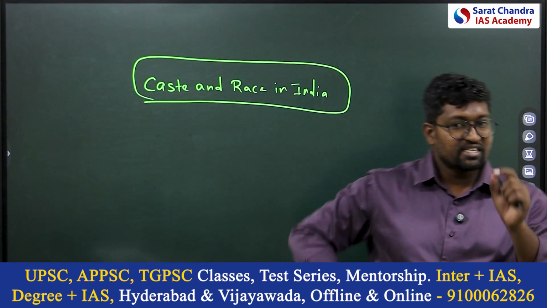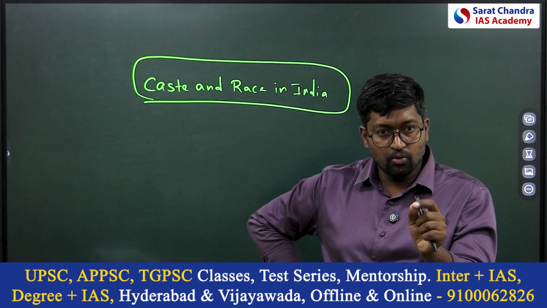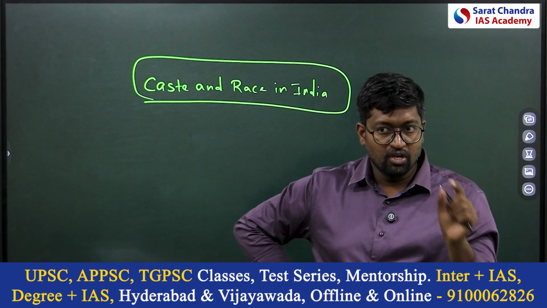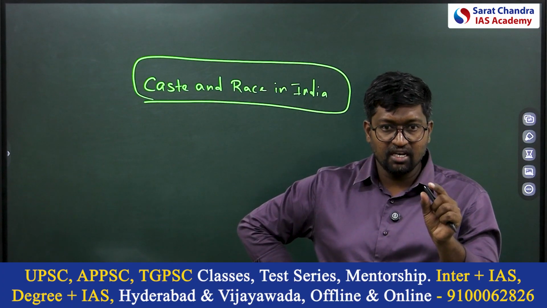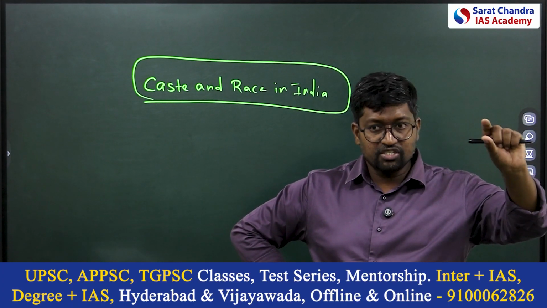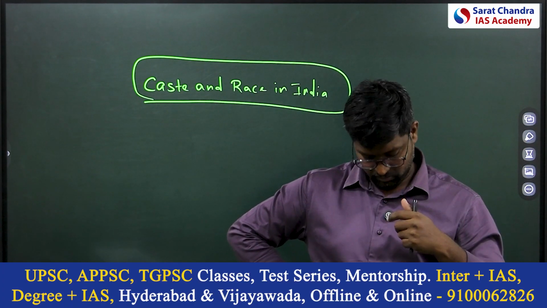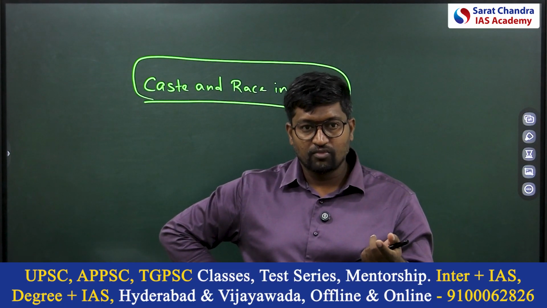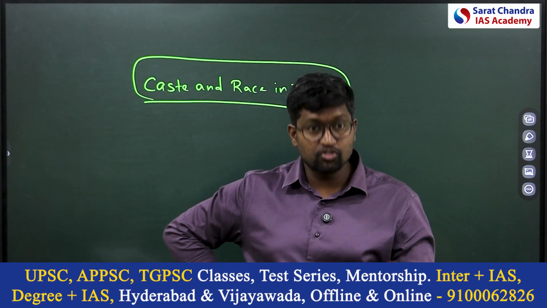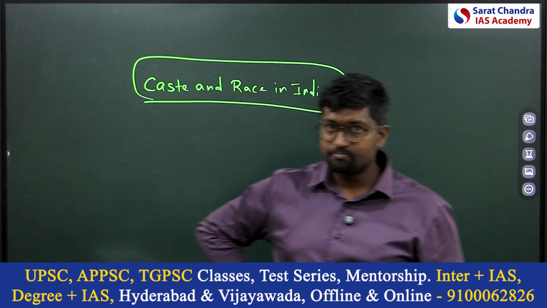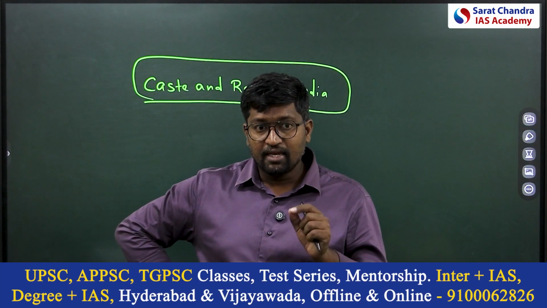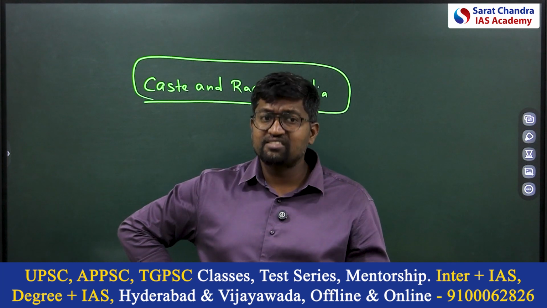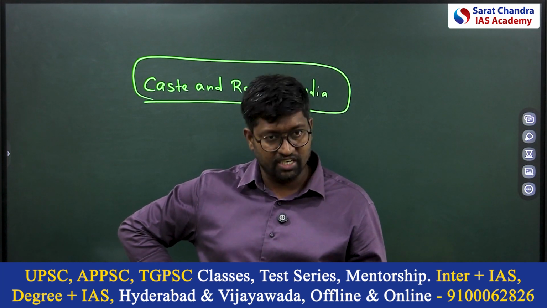Now, G.S. Ghurye also studied the relationship between caste and race. Western sociologists said that race is shaping caste. Aryans are a superior race. Now, in different subjects there is a concept called diffusionism.